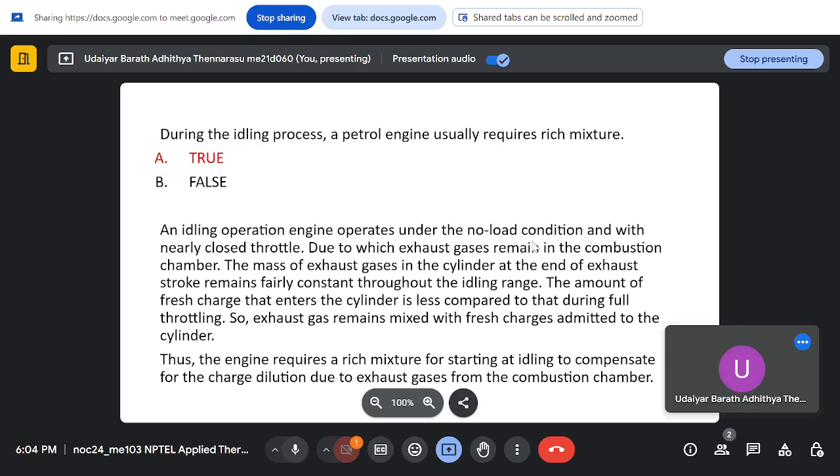The amount of fresh charge that enters is less compared to full throttle. Because the throttle is nearly closed, and full throttle is when you are accelerating, which is not happening, the amount of fresh charge coming in is also less. So exhaust gas remains mixed with the fresh charge admitted to the cylinder.